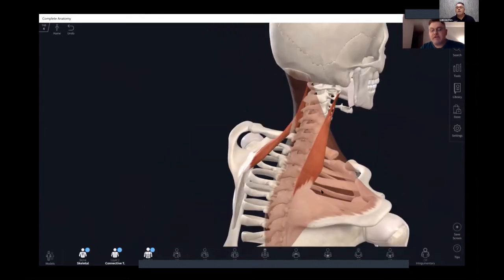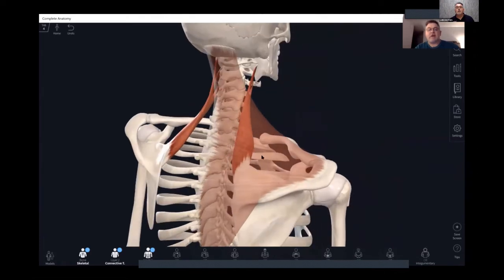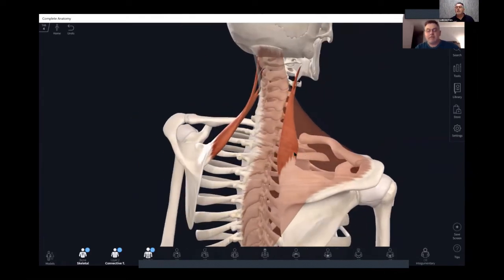So it can be challenging at times to isolate that superior angle of the scapula. Could be that we need to go hand behind back, but we do need to isolate that very frequently with anything in this area. And so that's a key part to cervical dry needling.